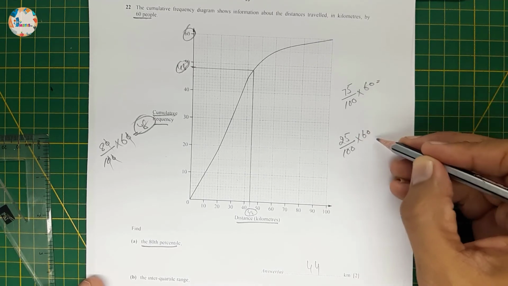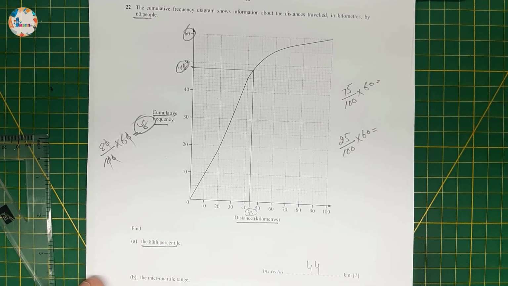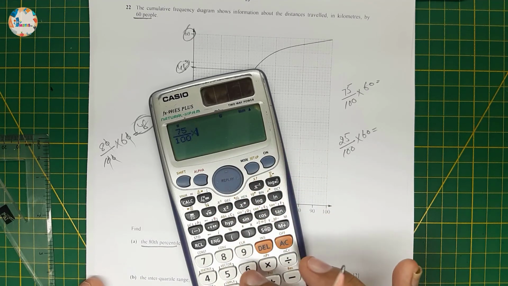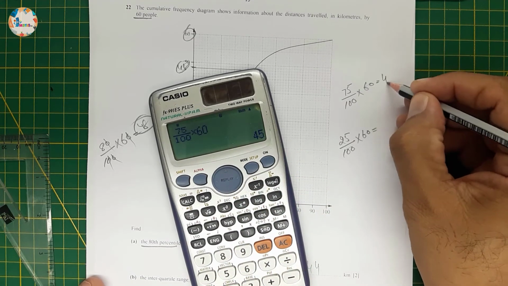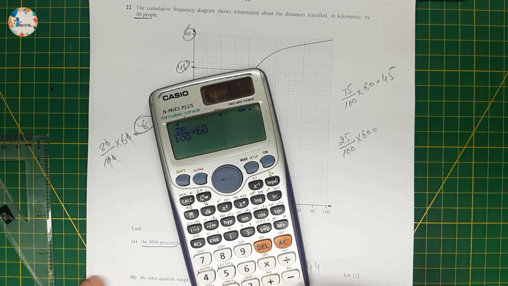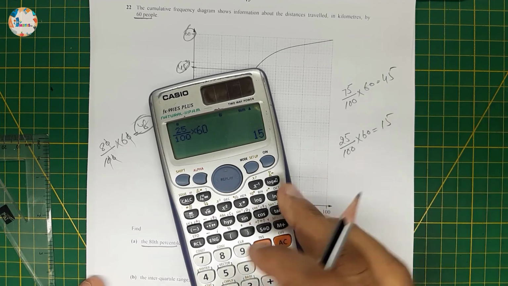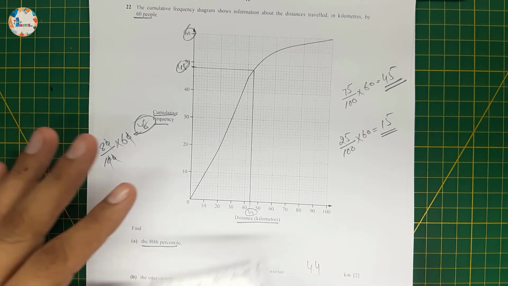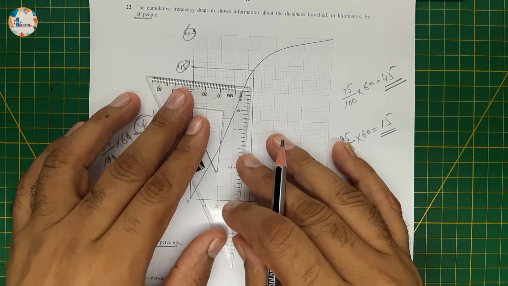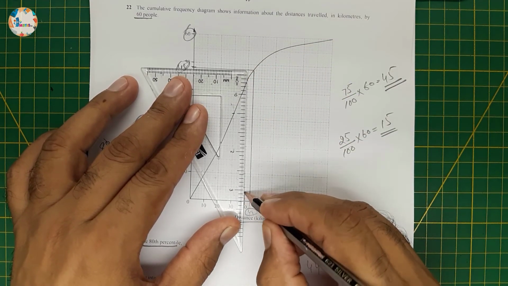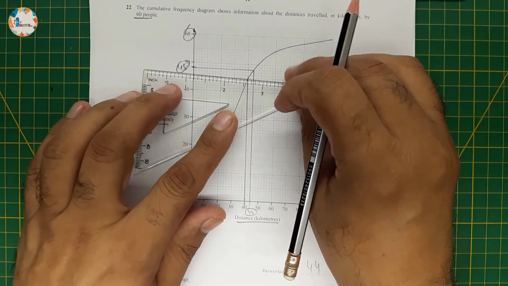These two values we will calculate. 75 over 100 multiplied by 60 is equal to 45, and for the 25th percentile, this will be 15. So we will go to these two references, and 45 will be over here.